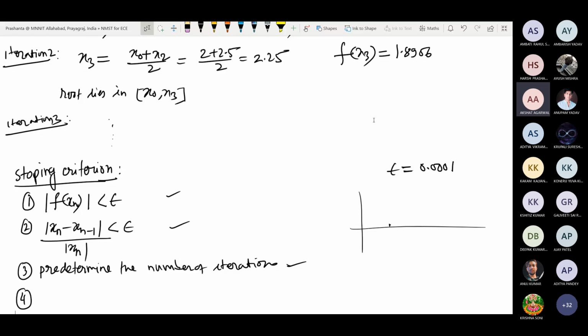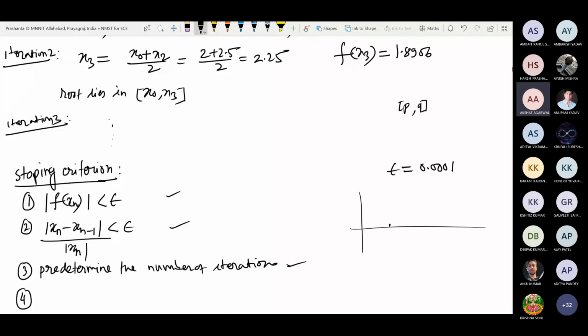So after the nth iteration, you will get something like this. Some point p and some point q will be there, and in that interval the root will be lying. What will be the length of this interval?